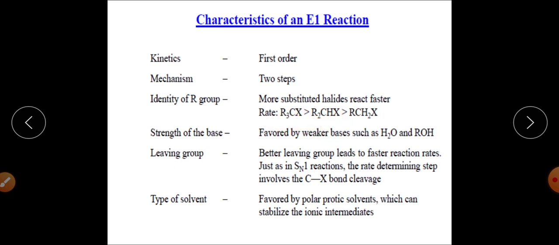This order is basically because of the stability of the carbocation that has been formed by elimination of the X from the carbon. You can see that this carbon is bearing 3 R groups, and when this X negative is eliminated from here, it means the C-X bond will be broken.